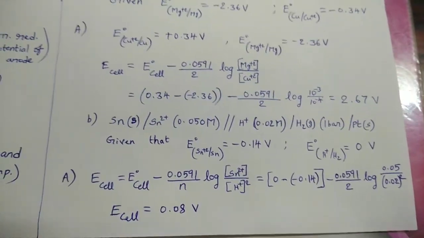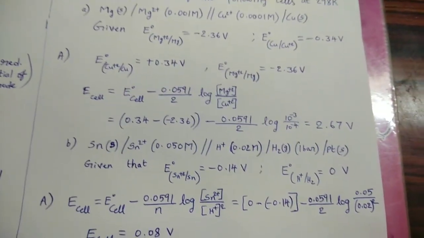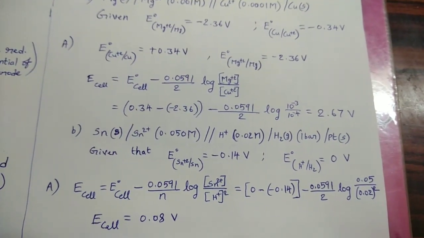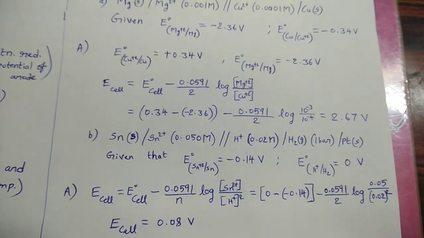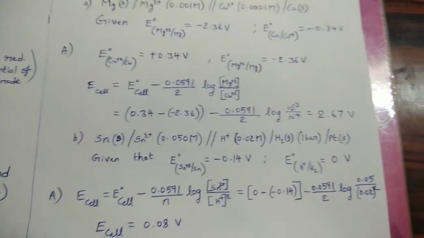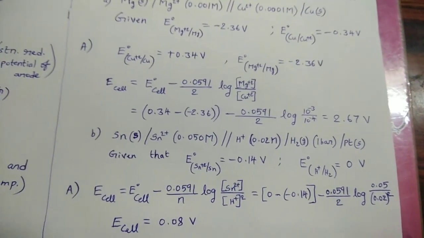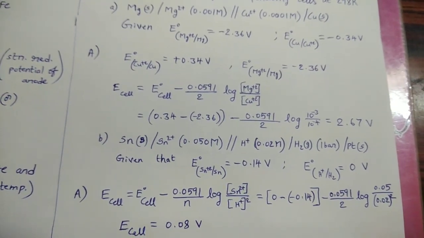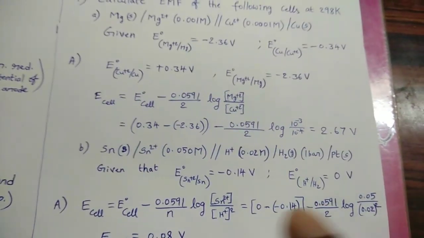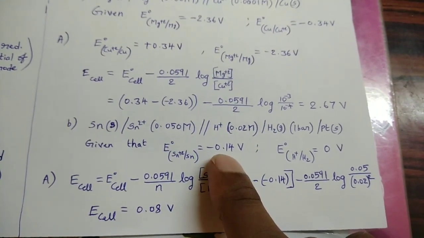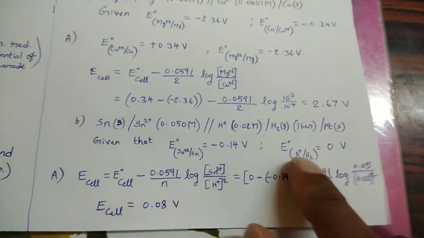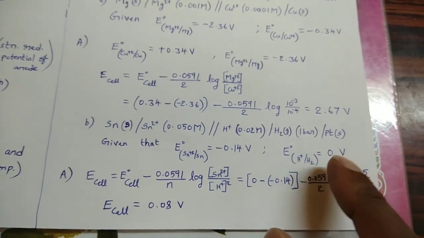Next, another one: tin ion concentration 0.050 molar, and H plus ion concentration 0.02 molar. H2 gas present at 1 bar pressure. Here the electrode potential values: standard electrode potential of Sn2 plus to Sn is minus 0.14 volts, and hydrogen electrode potential value 0.